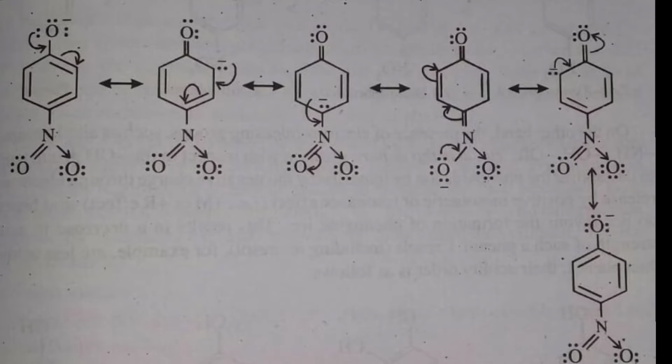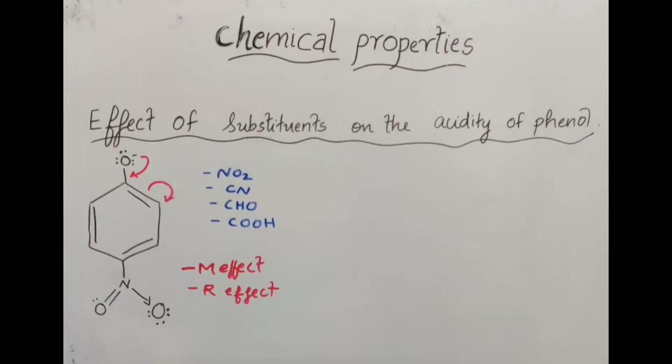Here we can see the resonating structure of para-nitrophenoxide ion. Unlike in the phenoxide ion, the dispersal of the negative charge is not only over the benzene ring, but also spreads to the NO2 group in the para position, thereby achieving greater stabilization than the phenoxide ion.